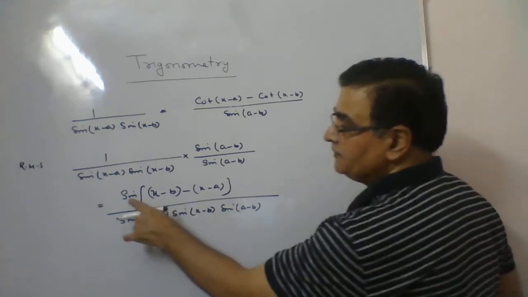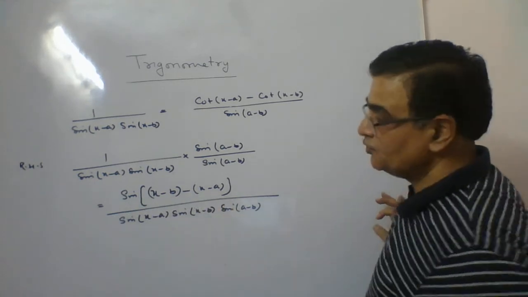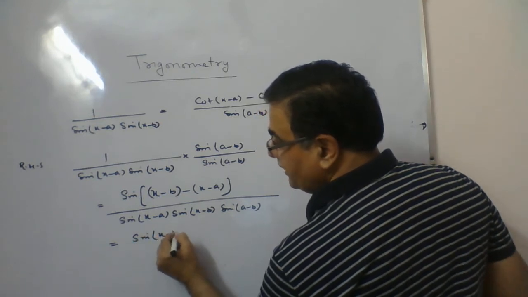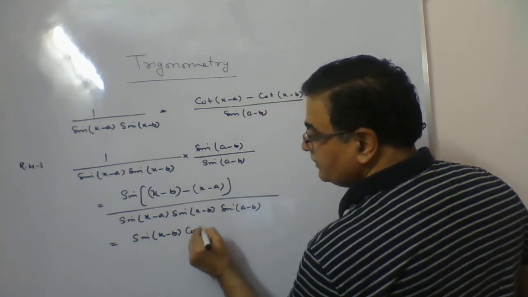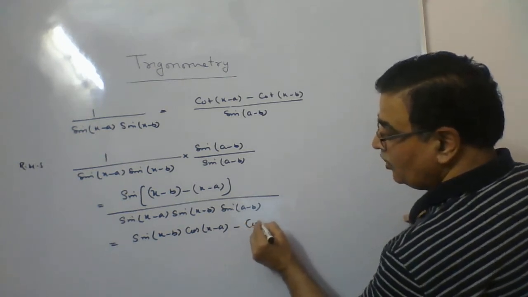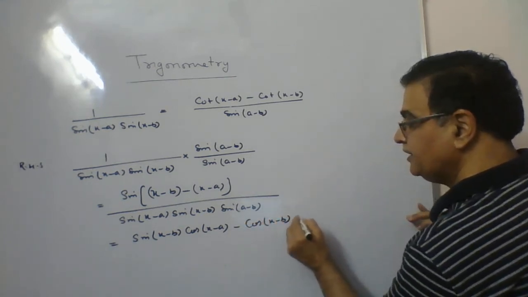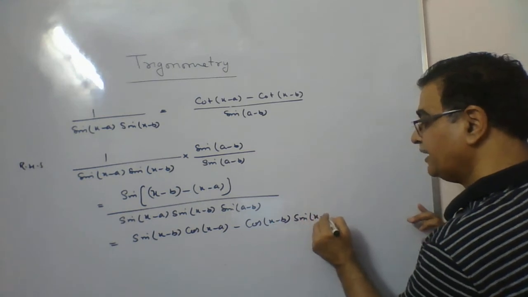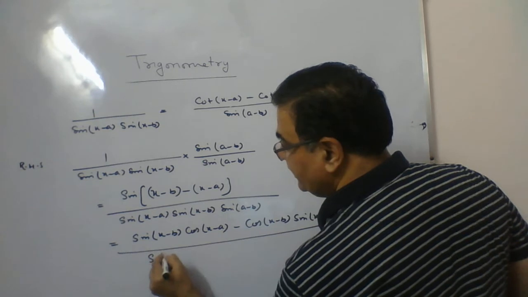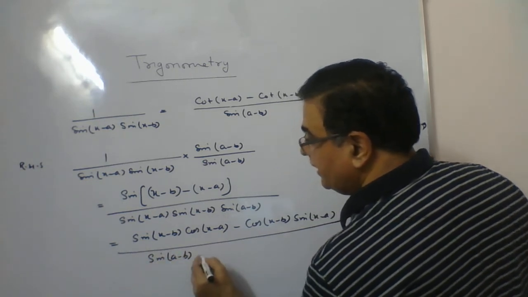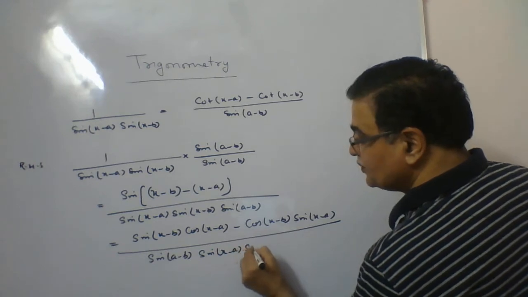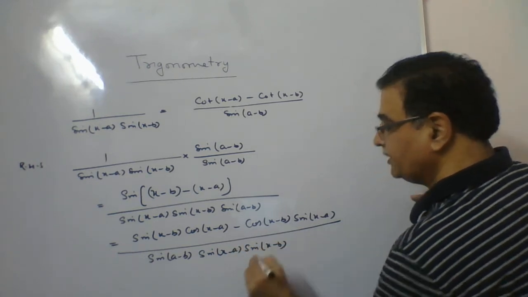Now this is the formula of sine (A minus B), so I can apply this formula. Sine (x minus B) cos (x minus A) minus cos (x minus B) sine (x minus A), whole divided by sine (A minus B), and here it is sine (x minus A) into sine (x minus B).